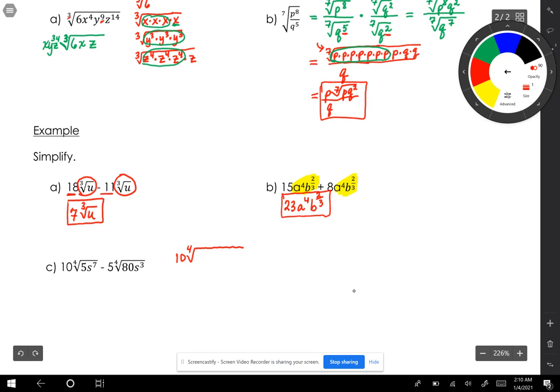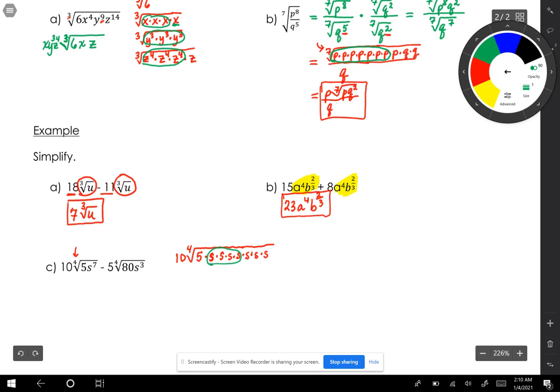It's not too bad though. So 5, you can't break it down anymore because that's a prime number. But s to the 7th, you can write it as s, s, s. So 3, 4, 5, 6, 7. And we want that 4 of a kind. So you can circle any 4s. So here's 4.